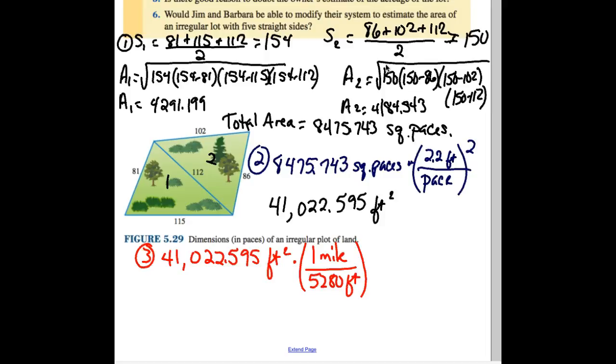Again, since we want to cancel feet squared, we have to square that quantity. We end up with 0.00147 square miles.